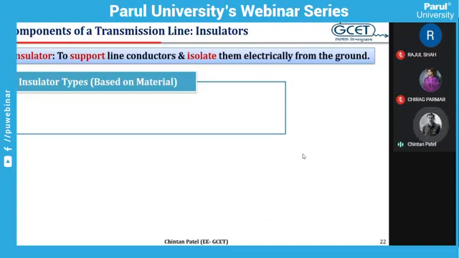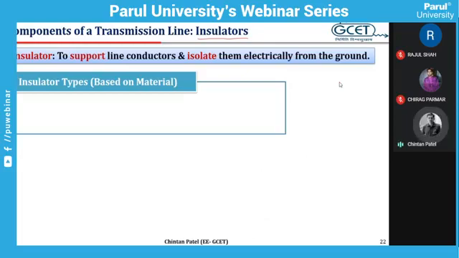After transmission towers, now let's quickly see the line insulators. The function of the insulator is first to support the line conductors, that means to provide mechanical support to hold the conductors, and the second important function is to isolate the conductors from ground. That means isolate them electrically from the ground.